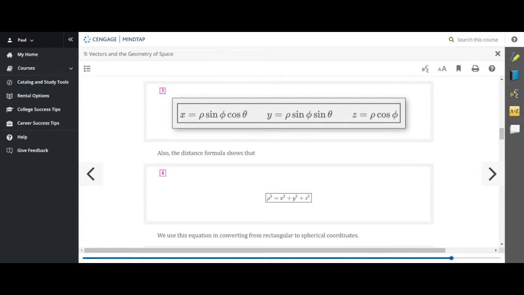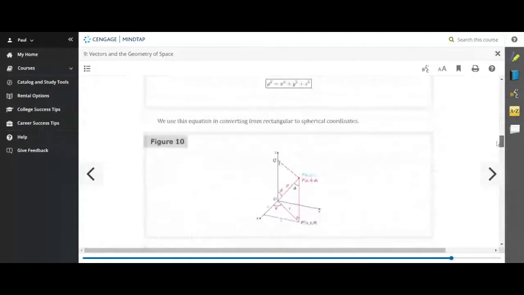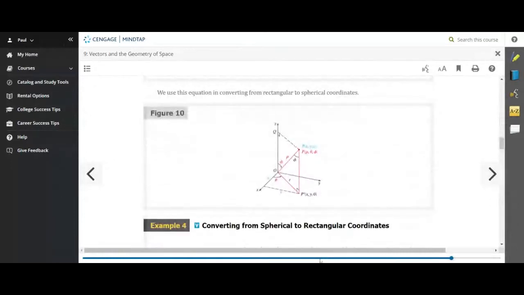Now, the way they can be derived is they talk about it here in figure 10. They have a picture that might help you understand. So x equals rho sine phi cosine theta.